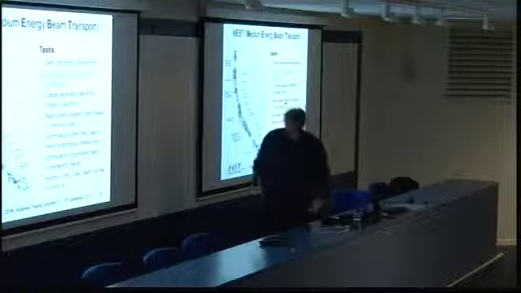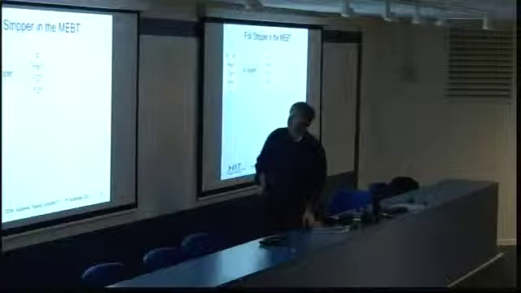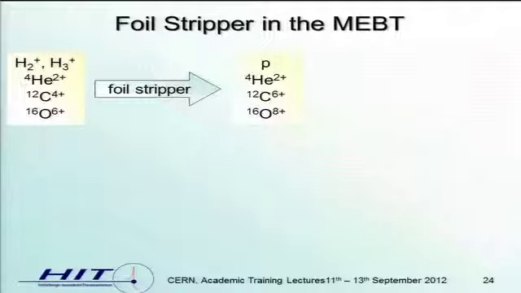Well, okay, that's it. But now we have to come to the final particles we want to have. This is protons. This is later on helium-4 2+, carbon 6+, or in the case of oxygen, oxygen-16 8+.